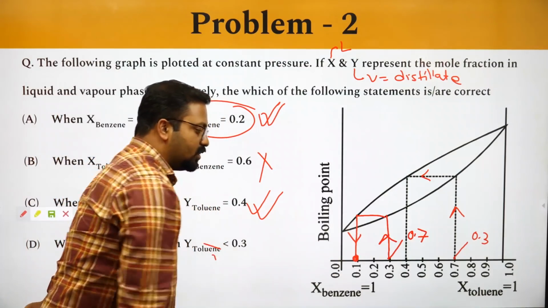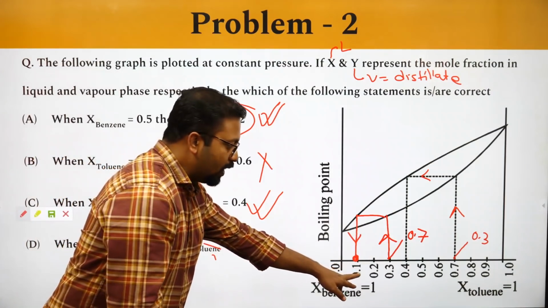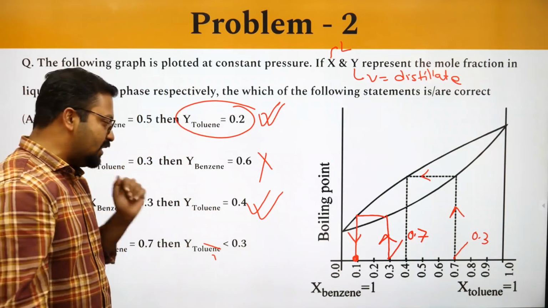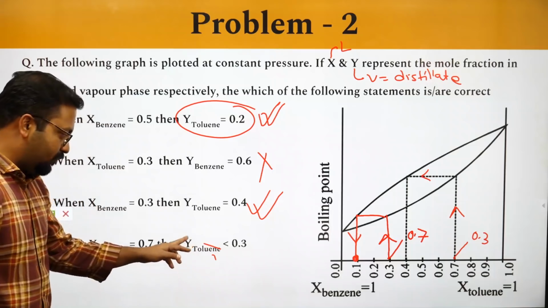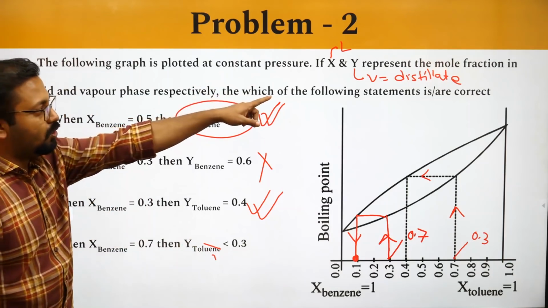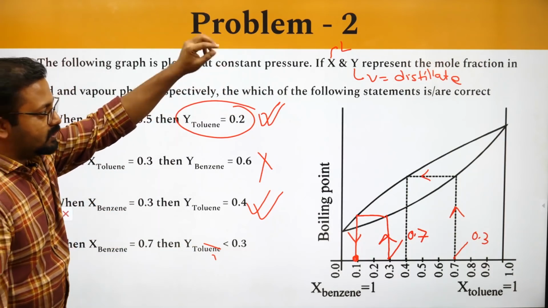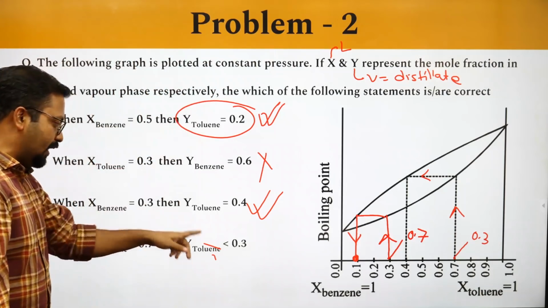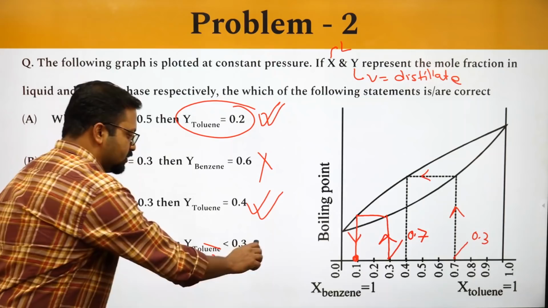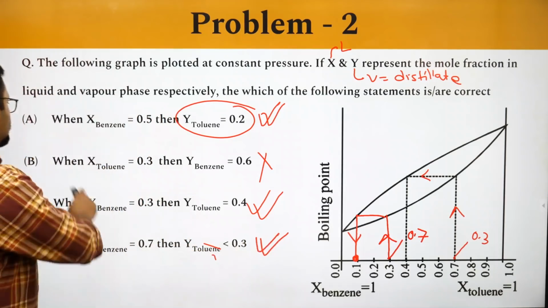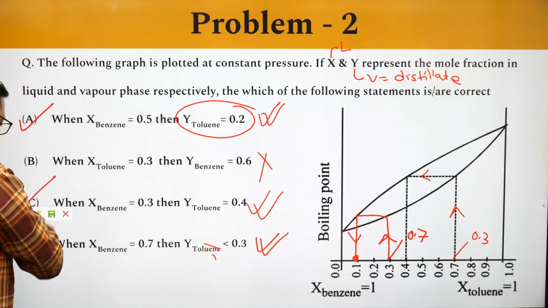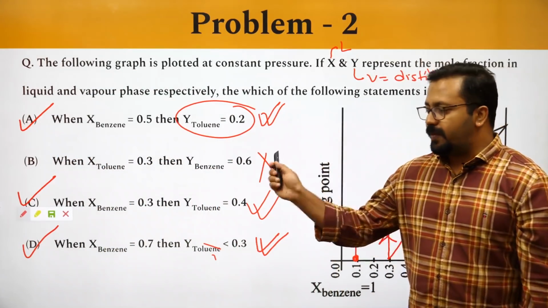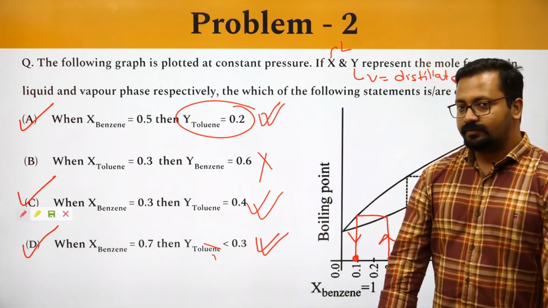What is the concentration of the distillate? 0.1 mole fraction of toluene and 0.9 mole fraction of benzene. So mole fraction of toluene in the distillate, I told you Y represents mole fraction vapor, or vapor is nothing but the distillate which you would be obtaining. So it is less than 0.3, which is also correct. So our answer for this question should be A, C and D.